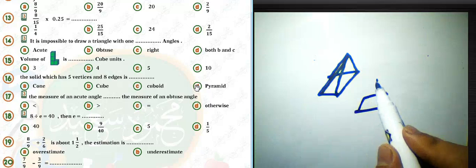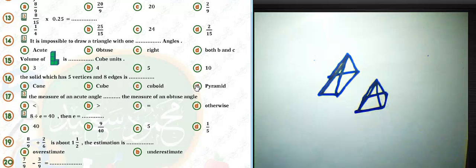Okay, it's a pyramid, a square pyramid. We must choose letter D for question 16. Again, the solid which has 5 vertices and 8 edges is called a pyramid. Choose letter D.